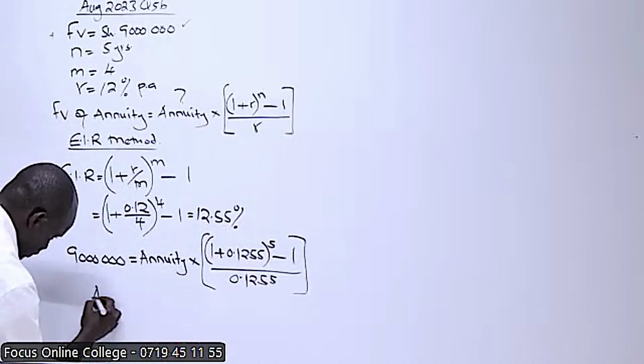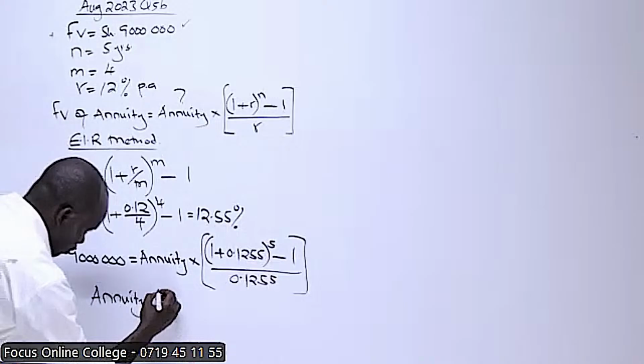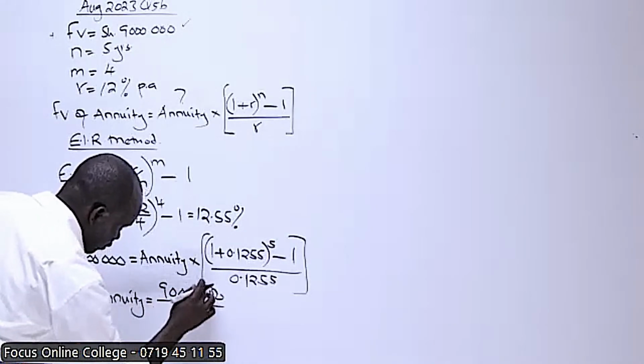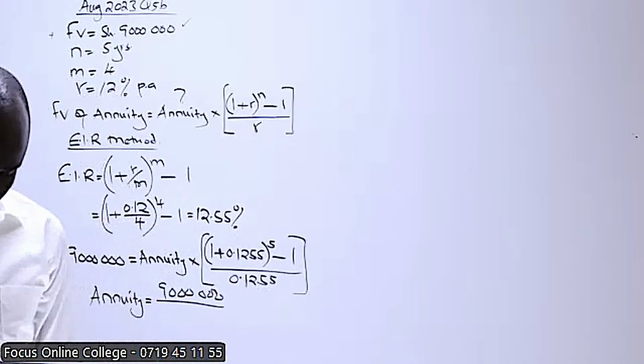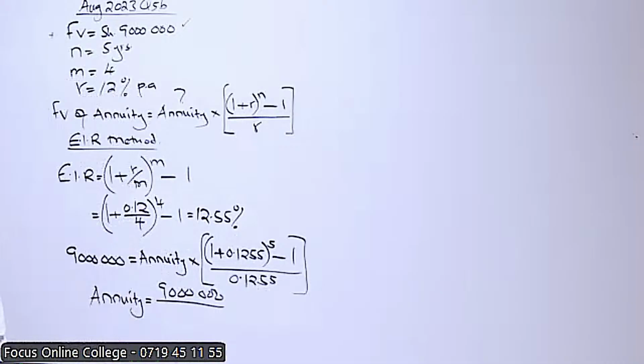So annuity will be 9 million, and you divide by the factor that you're getting here. 6.4226.